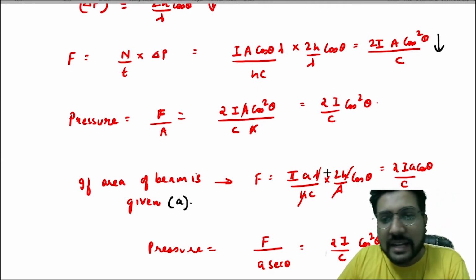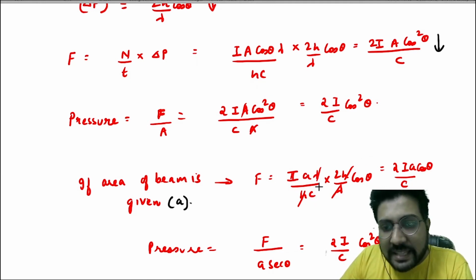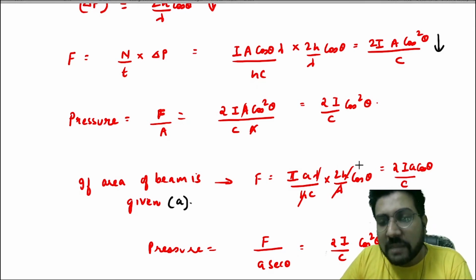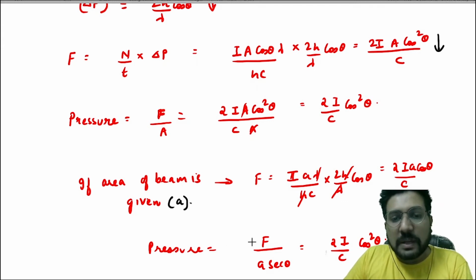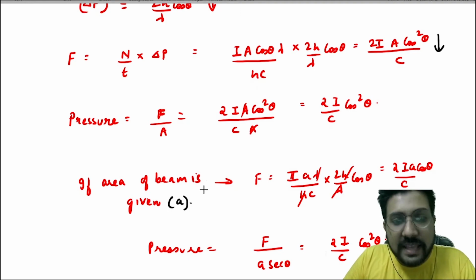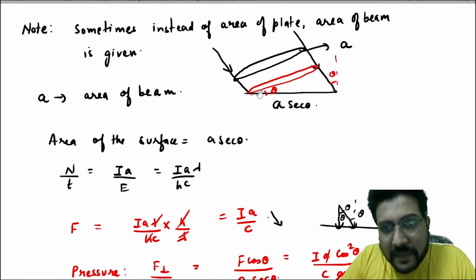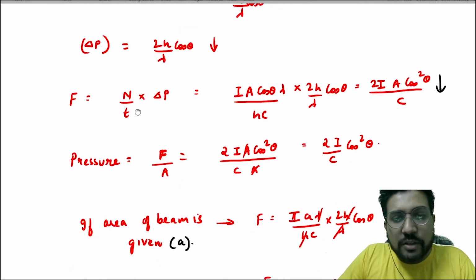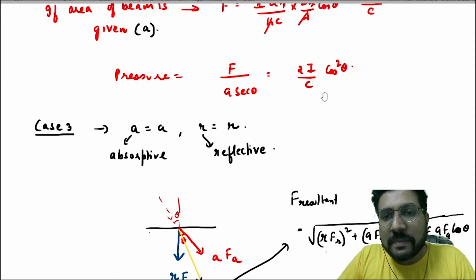So n by t is IA by E, E is hc by lambda, multiplied by the change in momentum of one photon, that is 2h by lambda cos theta, and that is equal to 2Ia cos theta by c. So the pressure will be equal to force by area of the surface. Now if the area of the beam is A, then the area of the surface is A sec theta, and you will get 2I by c cos square theta.